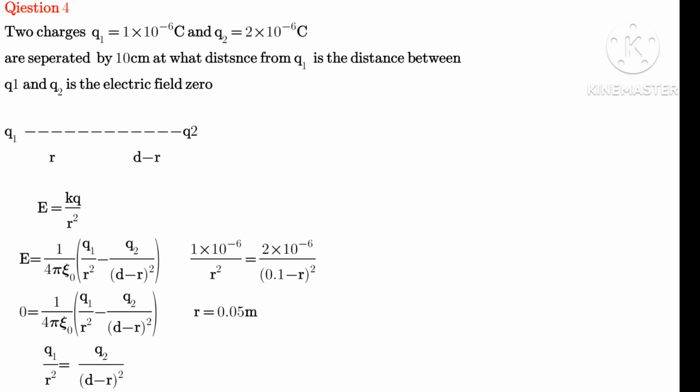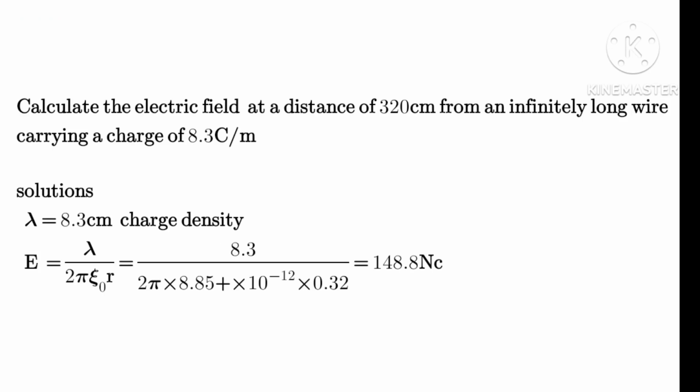So let's move down to the last question for this episode. It says that we should calculate the electric field at a distance of 320 centimeter from an infinitely long wire carrying a charge density of 8.3 coulomb per meter. Now the unit for charge density is coulomb per meter, so kindly change that.